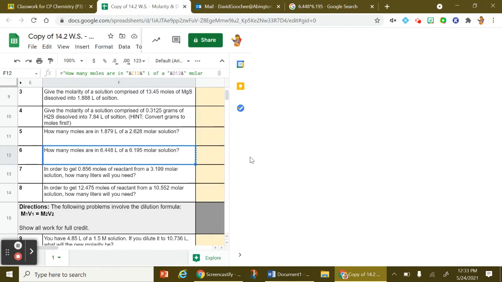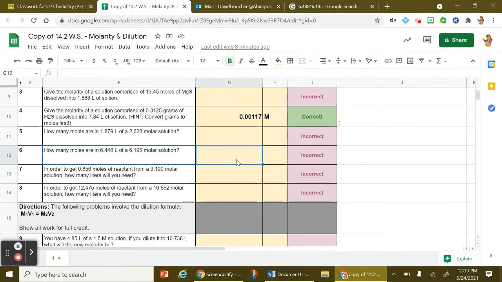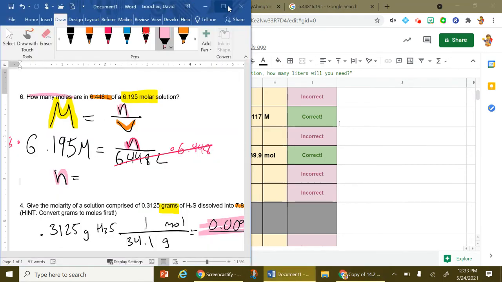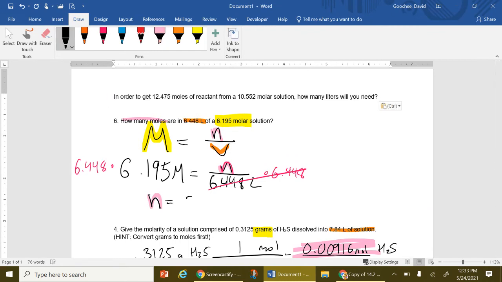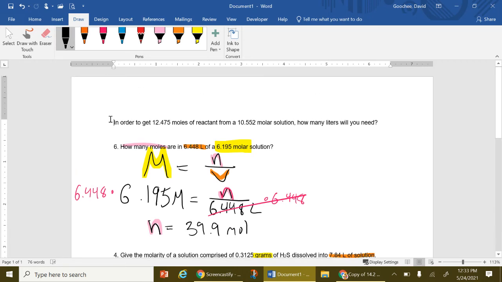Let's plug that in, see if that works. 39.9 moles. Okay, all right, that worked out. Next up, last one, we're going to do number 8. By the way, let me write this down here. 39.9 moles. All right, last one in this video.